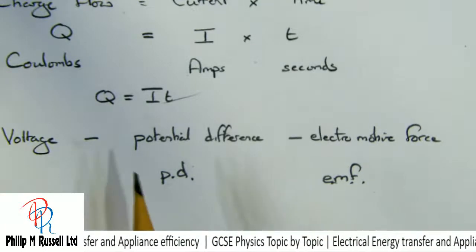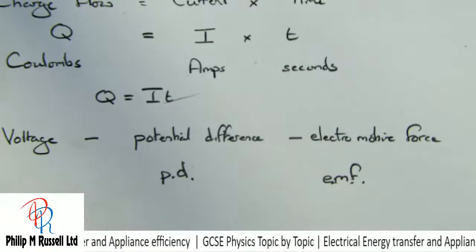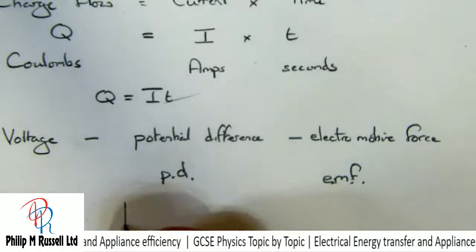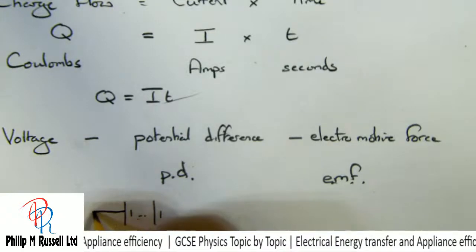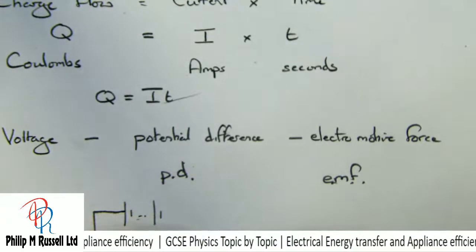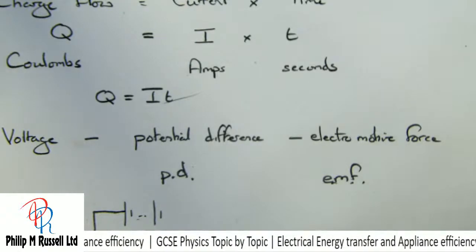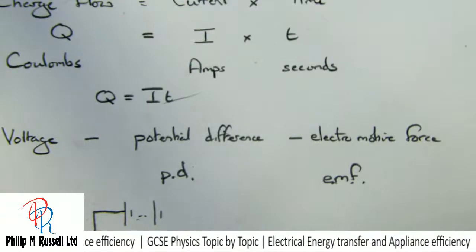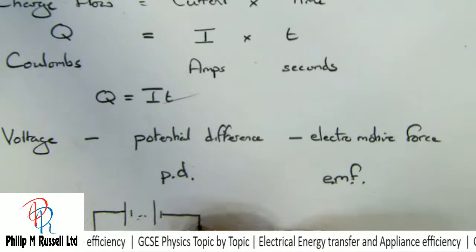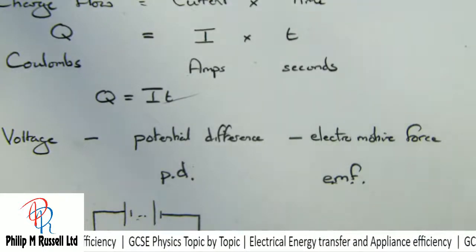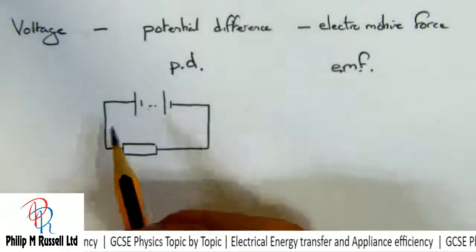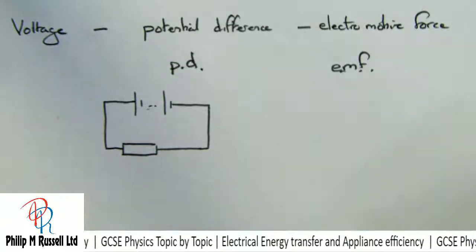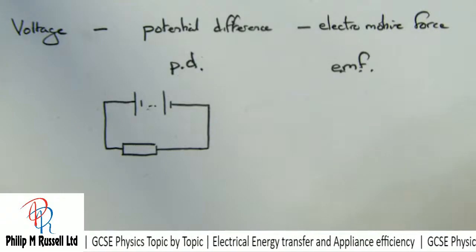Now, when a resistor is connected to a cell, so let's have a couple of cells here, and let's put in a resistor. There we are. Now, when we put this in, our resistor is connected to a battery.